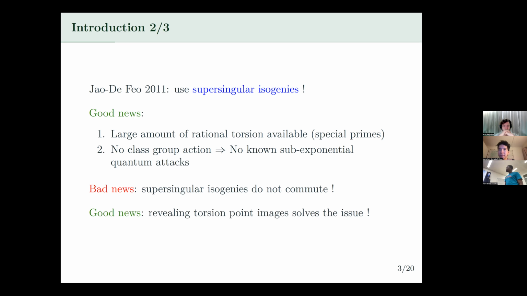But Jao and De Feo had the brilliant idea to use torsion points to solve this non-commutativity issue. They noticed that if you revealed the images of some torsion points, you could still obtain a commutative diagram, despite the fact that supersingular isogenies don't commute naturally.